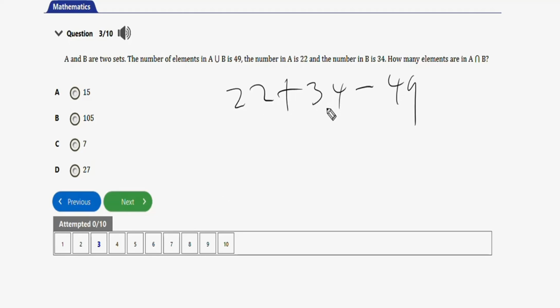So when you add 22 plus 34, you have 56, minus 49. 56 minus 49 will give you 7. So that will be the answer to this question, option C. Let's wipe this now and look at the next repeated question.